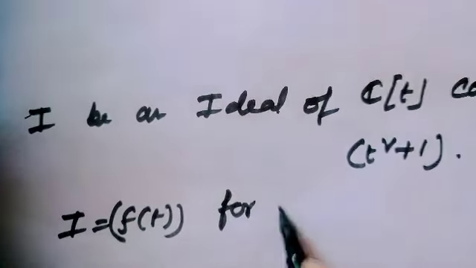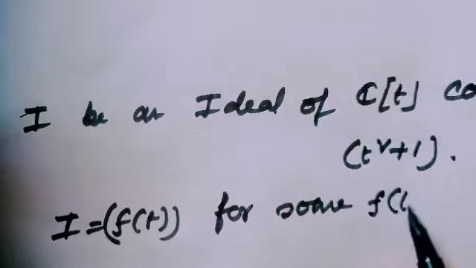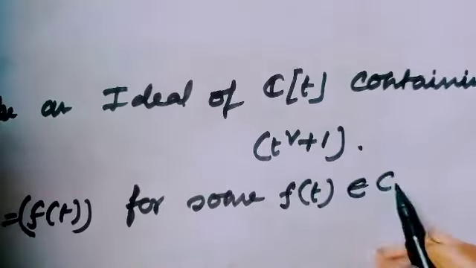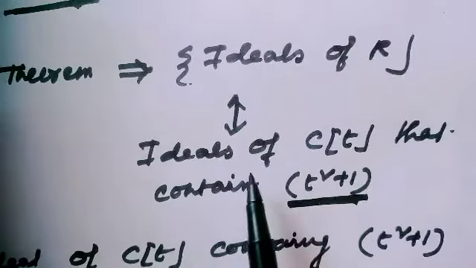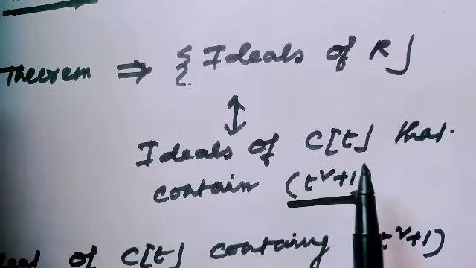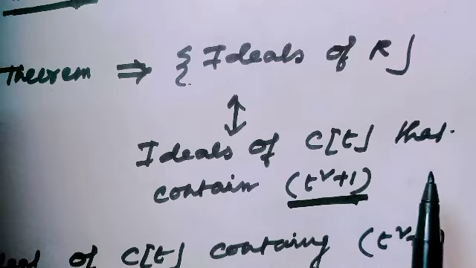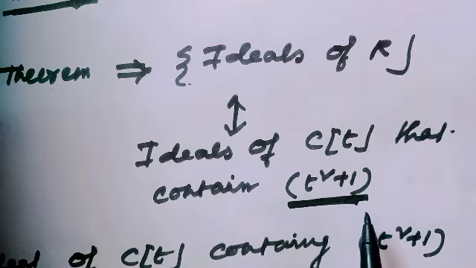Consider I equal to the ideal generated by f(t), for some f(t) belonging to ℂ[t]. At first we have to find the ideals of ℂ[t] that contain t² + 1. Obviously t² + 1 belongs to the ideal I, and by the definition of ideal we can write t² + 1 equal to f(t) times g(t), where g(t) belongs to ℂ[t].